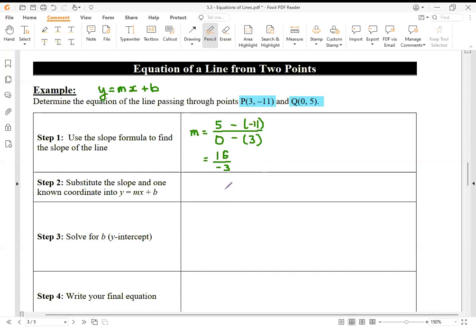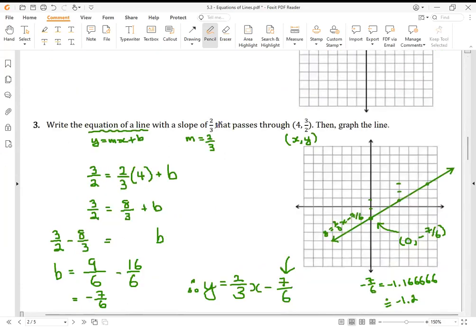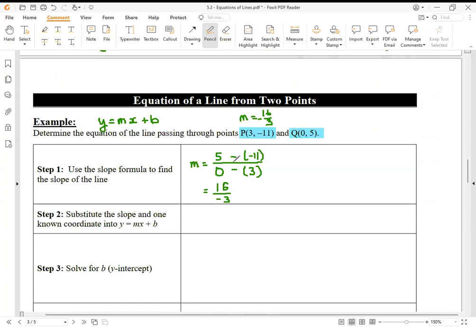Next, check it out. Now that I have slope, isn't that exactly like our questions in the first page? Look, the first questions here, I always give you a slope and 1 point. In this question, I have a slope and 2 points. I only need 1.